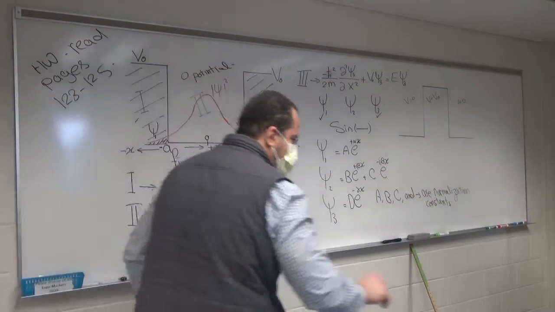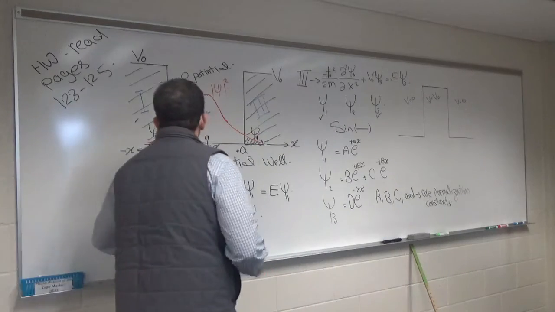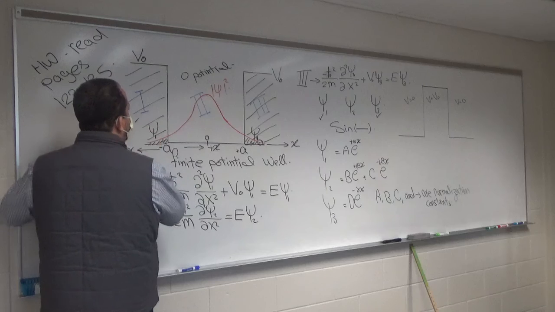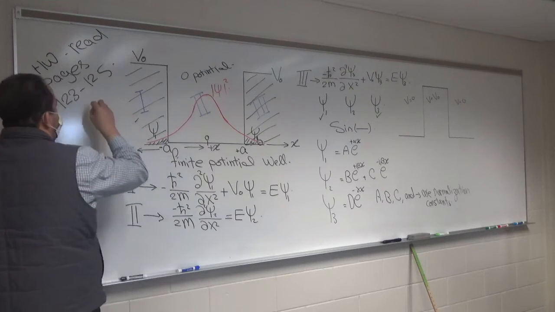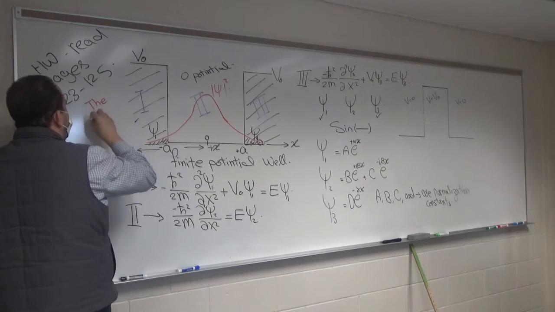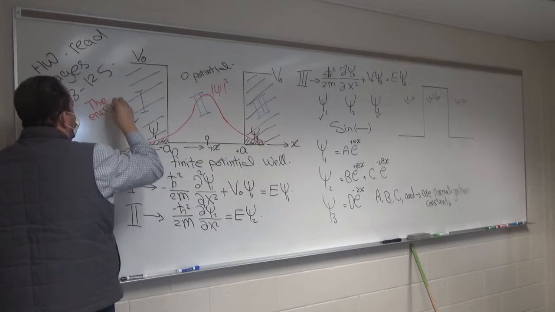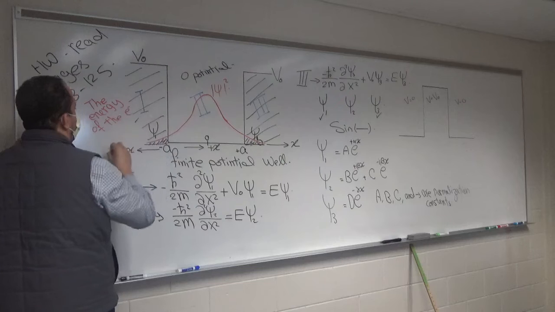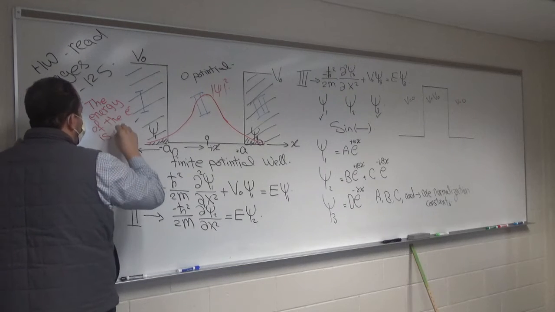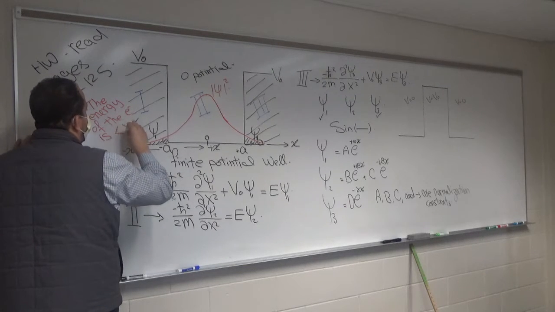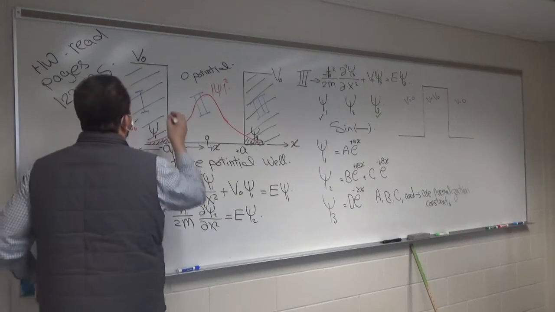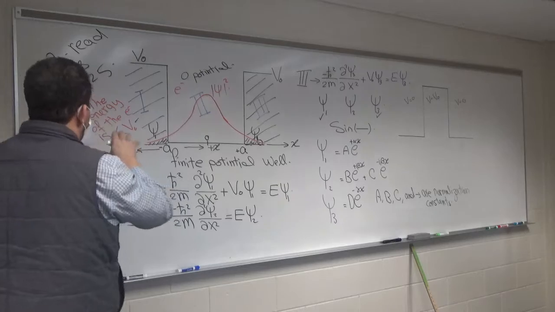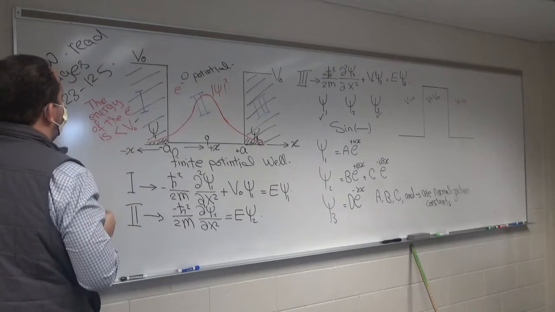Now, I would just like to mention this important thing: when I solved this problem, I assumed that the energy of the electron is smaller than V0. So that means the electron has energy lower than V0 when I solve this problem like this.